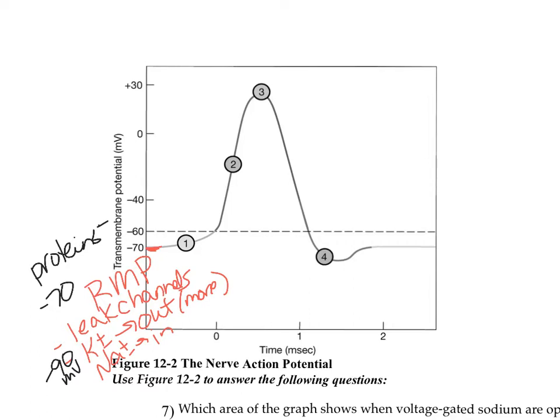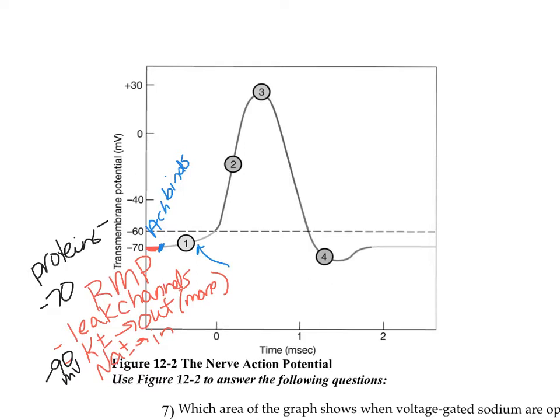Okay. So now we're at resting, but now there's a stimulus. So we get some type of stimulus there, and the stimulus we've been talking about is acetylcholine binds. So when acetylcholine binds, that's our stimulus. Acetylcholine gets released, and it's going to bind to what channels on the dendrites?